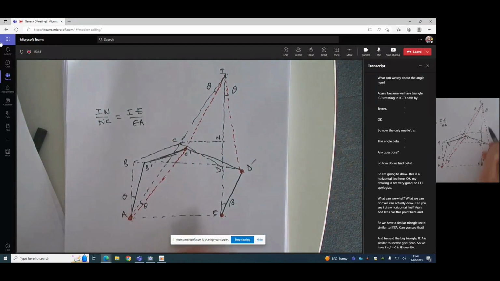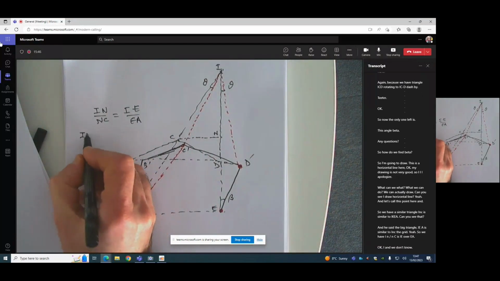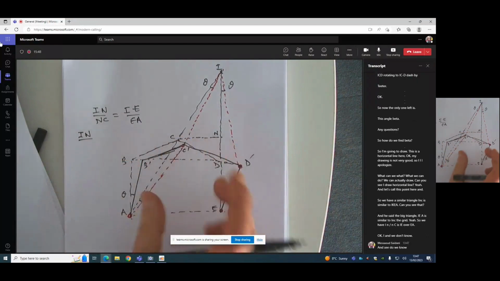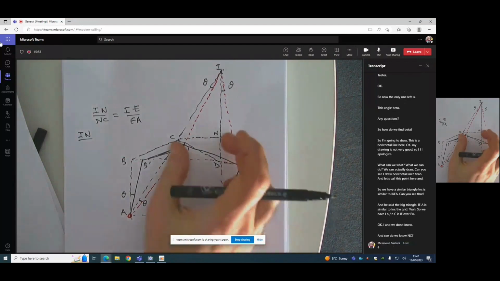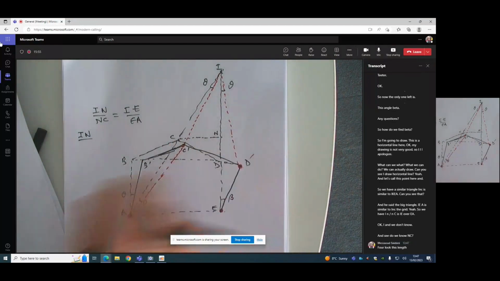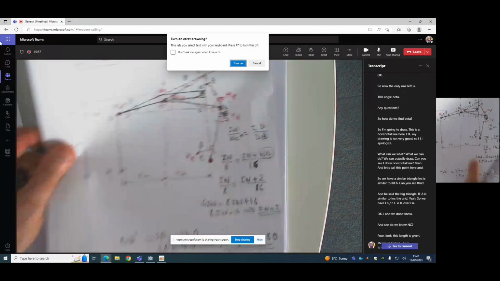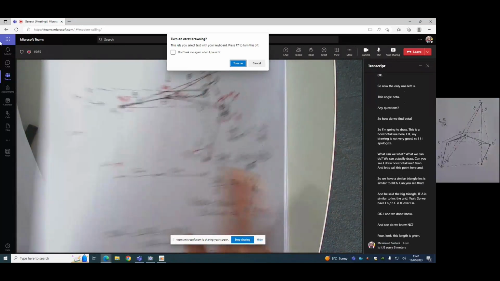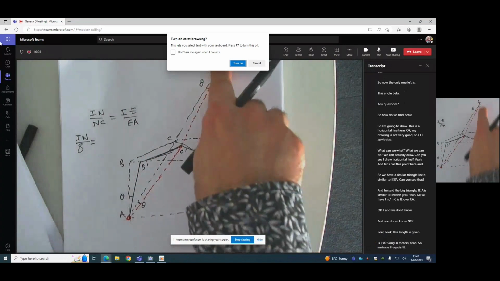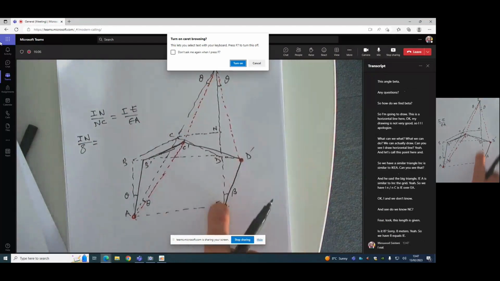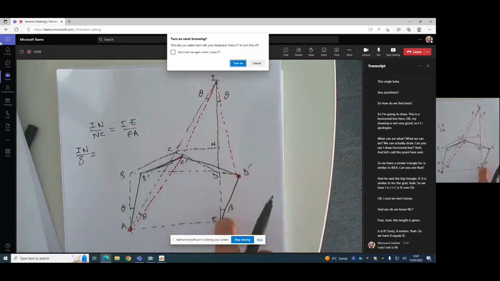Okay. IN, we don't know. NC, do we know NC? Look, this length is given. Is it 8? Sorry, 8 meters. Yeah, so we have 8 equals IE. IE is IN plus NE.